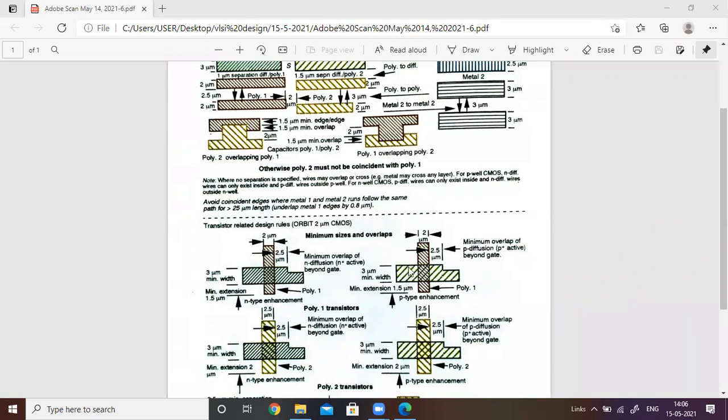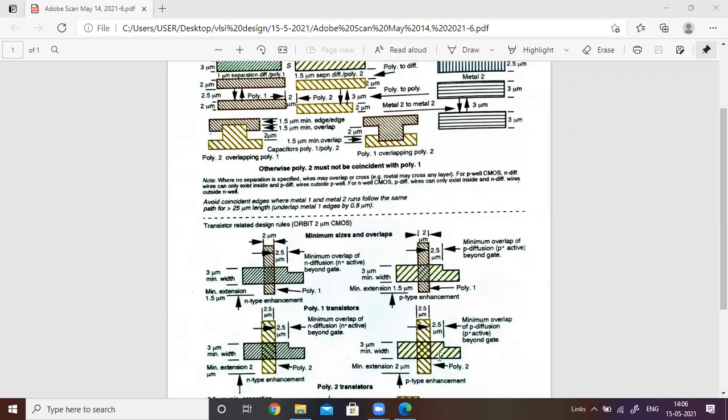To form a p-type transistor, the width of the P diffusion is also a minimum of 3 micrometer, and the extension of poly 1 is 1.5 micrometer. Similarly, with enhancement mode, that is the main difference in this case. This is the p-type enhancement mode transistor using poly 1, and this is the p-type enhancement mode transistor with poly 2.